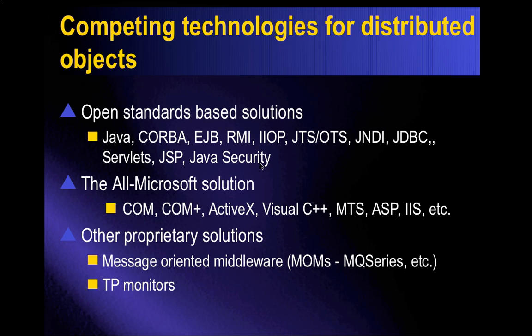It actually provides nice security, transaction management, distributed objects, you name it. It's just on a different server for a different platform. Other proprietary solutions include message-oriented middleware, transaction processing monitors, and things of that nature.